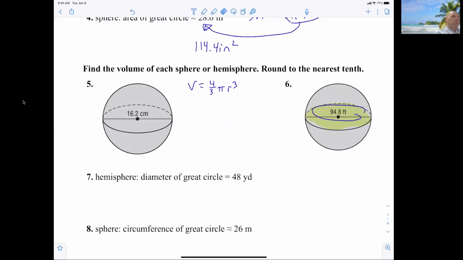So here we go. I have volume is equal to 4/3 pi. What's the radius? 8.1, and then cubing. So make sure you can do it on your calculator. 8.1 cubed times 4/3. So now let's go math, enter, enter.